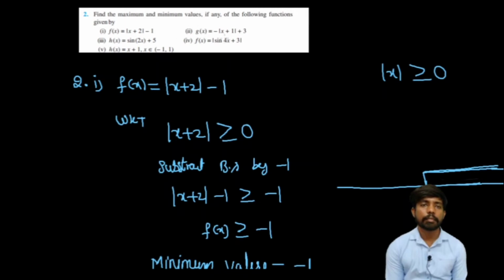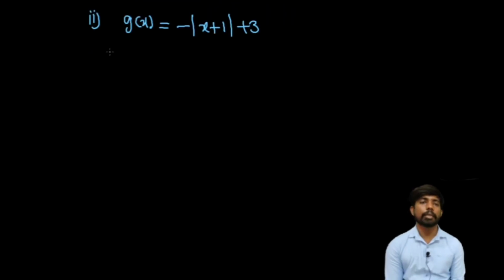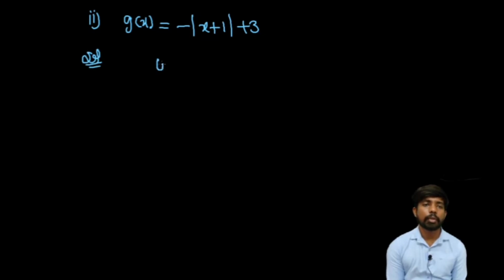Next, the second question. What is given? g of x is equal to minus of mod of x plus 1, plus 3. Here we always know that the modulus function is always greater than or equal to 0.